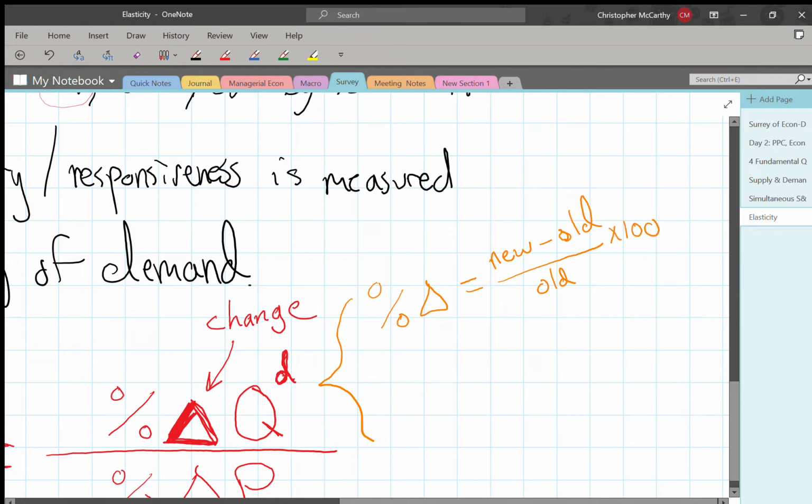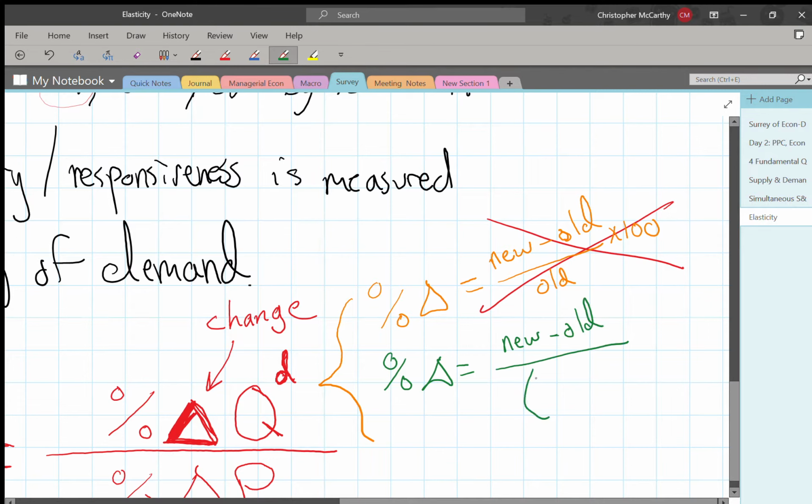That's our typical formula for percentage change. We're not doing that anymore. That's wrong. So the new way that we're doing percentage changes is new minus old over what's called the midpoint, new plus old divided by 2.